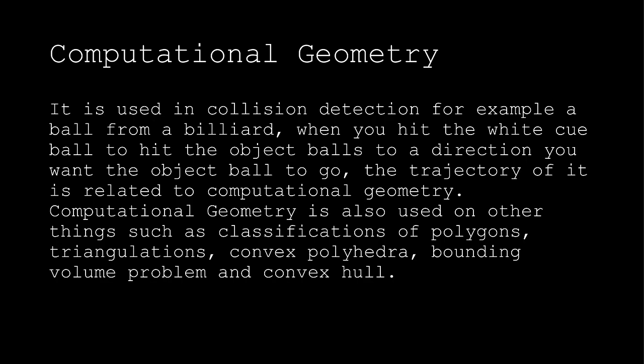When you hit the white cue ball to hit the object balls in the direction you want the object ball to go, the trajectory of it is related to computational geometry. Computational geometry is also used for other things such as classification of polygons, triangulations, convex polyhedra, bounding volume problem, and convex hull.